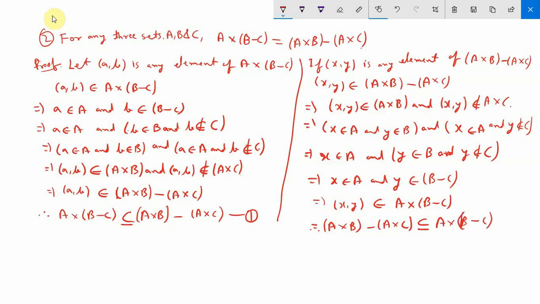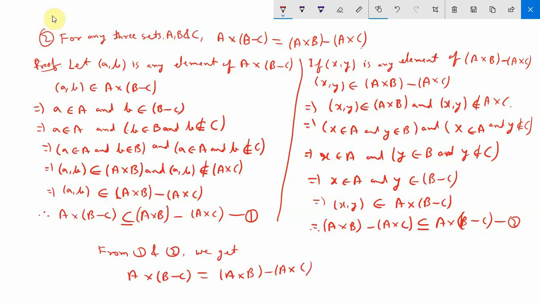Okay friends, this is our second part. So from 1 and 2 we get A × (B − C) is equal to (A × B) − (A × C).